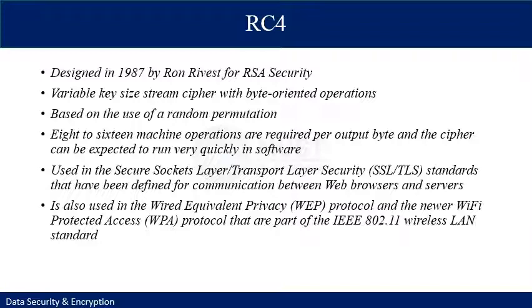It is a variable key size stream cipher with byte-oriented operation, and it is based on the use of a random permutation. In this case, 8 to 16 machine operations are required per output byte, and the cipher can be expected to run very quickly in software.